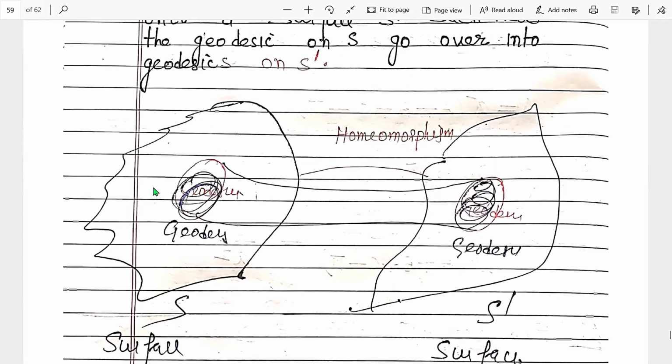Simple: the image of a geodesic is a geodesic.